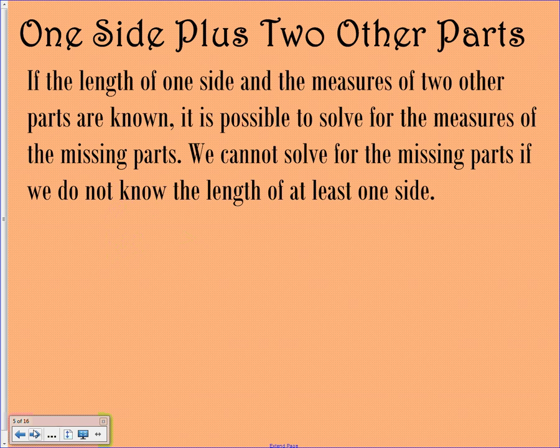We cannot solve for the missing parts if we don't know at least one of the sides. So if they don't tell you one of the side lengths, then there is no way to actually solve for all of the missing parts. And the reason for that is you have to have 3 pieces of information to be able to solve for your triangles.